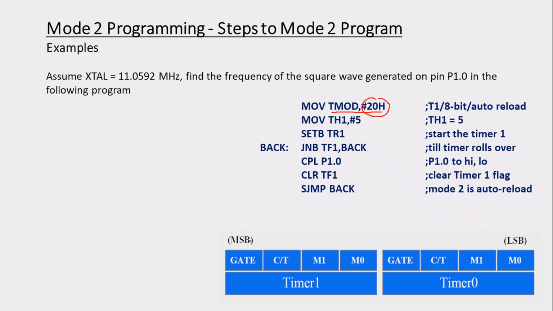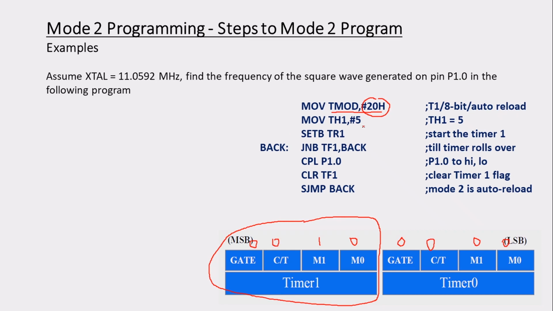Since it is 0010 0000, the remaining bits I'll be loading with 0. Since the mode we are using is mode 2, it is being loaded into my timer 1. This means that this particular instruction means that timer 1 is being used.